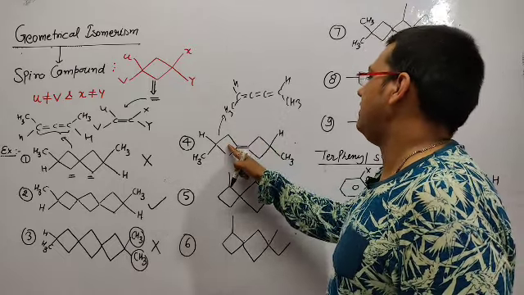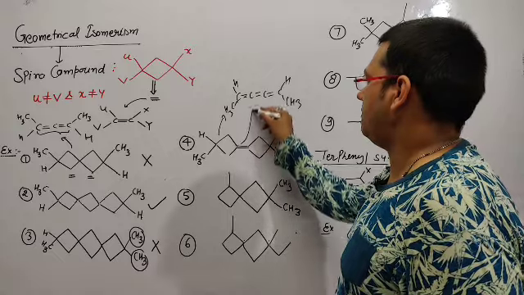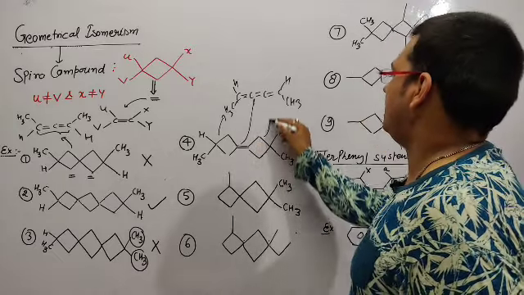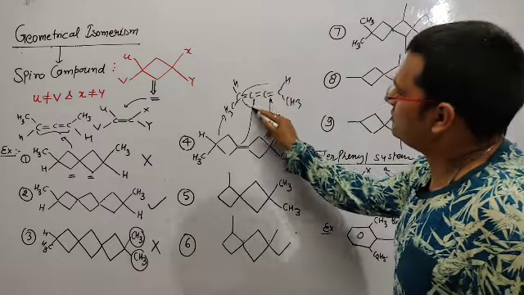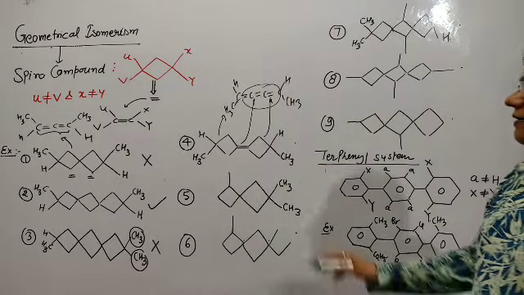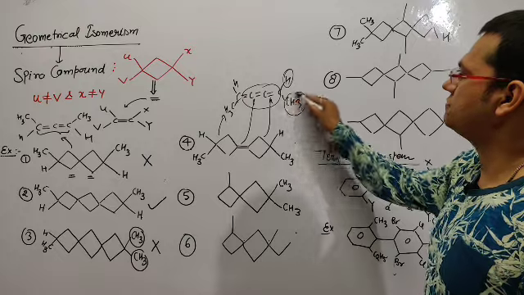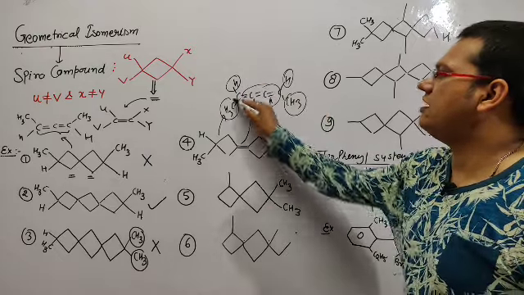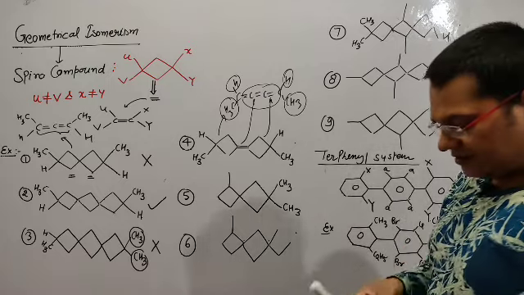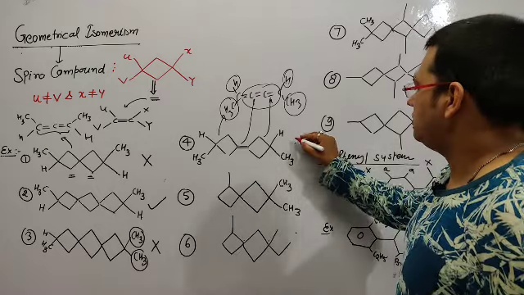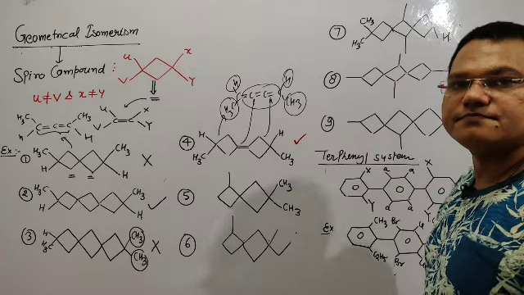So C double bond C, always here this double bond like this, and here this ring like a double bond, and this group. Now you check, this is what? Odd number, and both are different groups. Yes or no? Both have different groups. So the condition is fulfilled. That's why this molecule shows geometrical isomers.